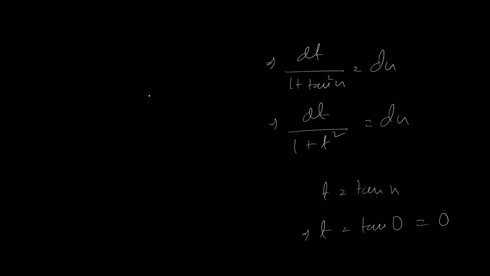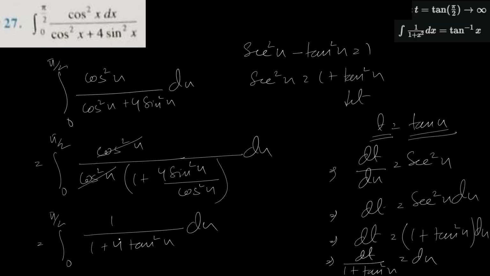So again t is equal to tan x, so t is equal to tan pi by 2, and tan pi by 2 is infinity. So now I will have to change the limits, that is 0 to infinity.